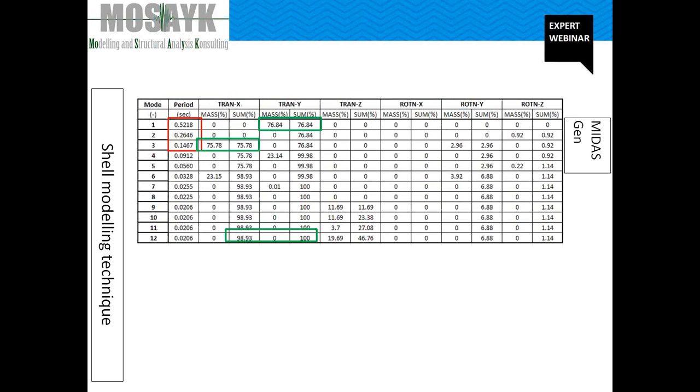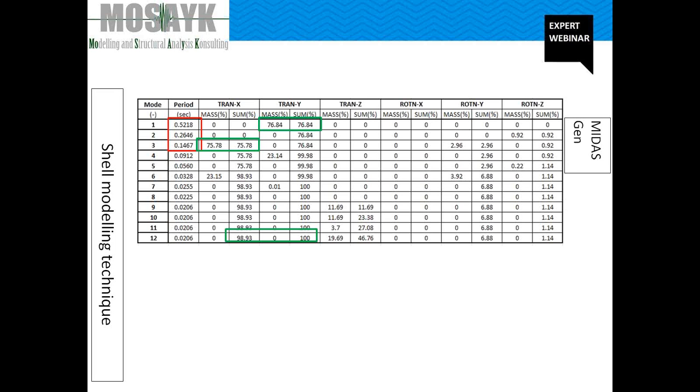It is important to note that the first period of vibration using shell element is a bit, but a bit means less than 0.1%, less than the corresponding period of vibration of the beam equivalent model.